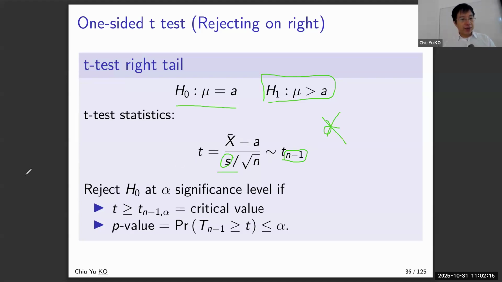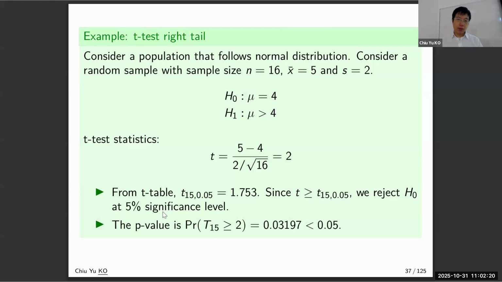So let me go into the example again. Here I have a population that follows a normal distribution. Now I don't know sigma. Instead I collect data, n is 16, mu is also 5.